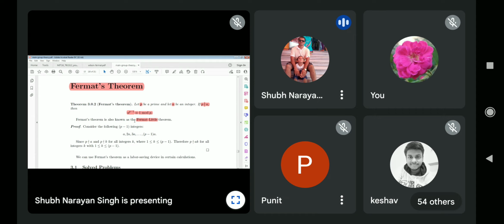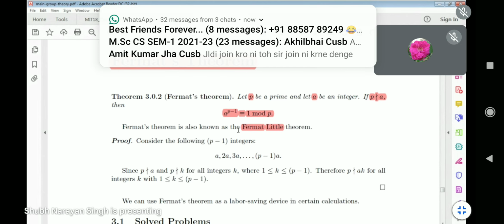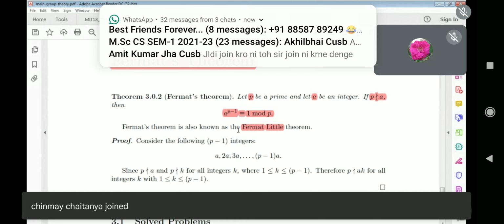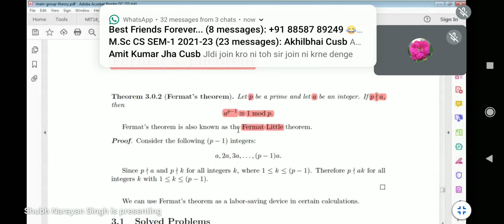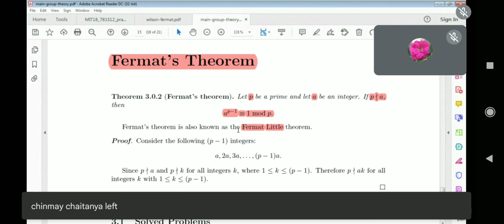Another way to think about it: if you divide a to the power p minus 1 by p, where p is prime and a is an integer, even if the number is big, you will get the remainder 1.